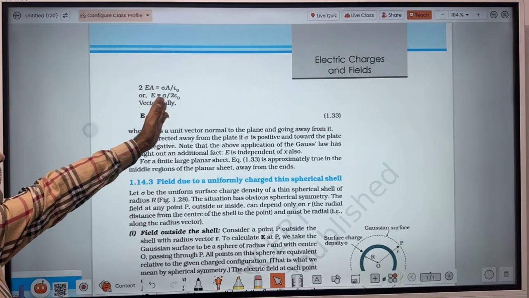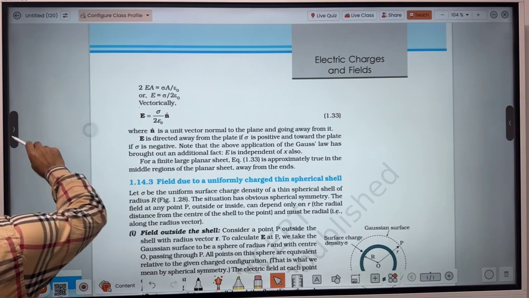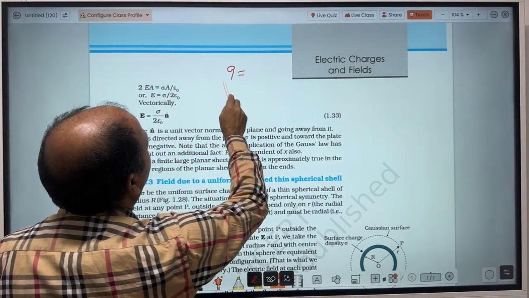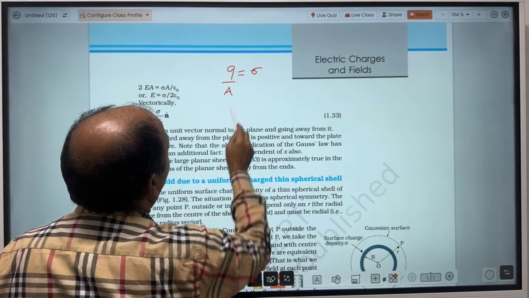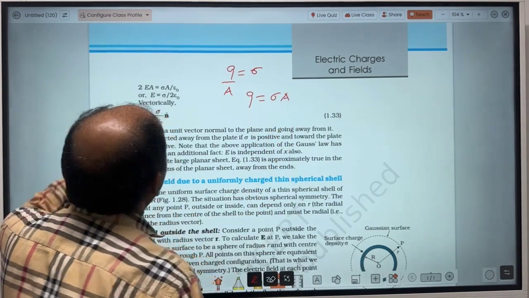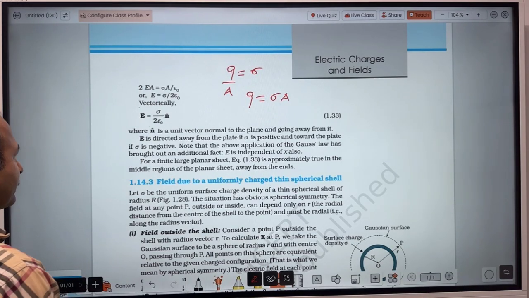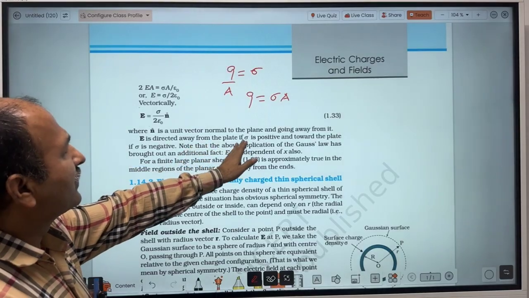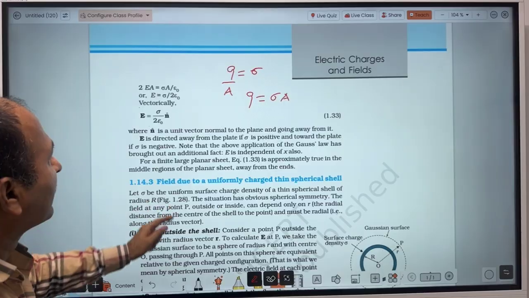So EA will cancel out. In place of charge they have written sigma; I can tell you this also. Q upon area is sigma, or in place of Q we can write sigma A. The same thing is written here, so we will get the same result. Now here the direction of E is given. E is directed away from the plate if sigma is positive, and towards the plate if sigma is negative.